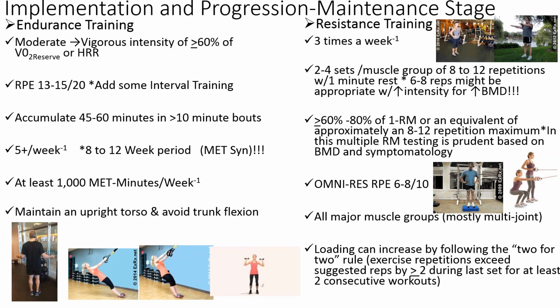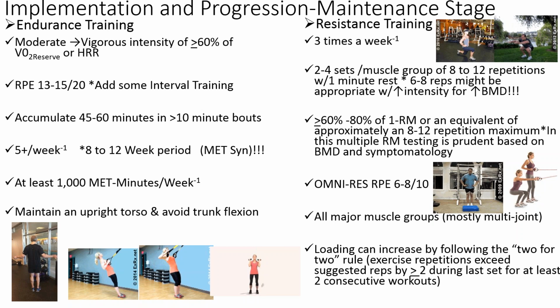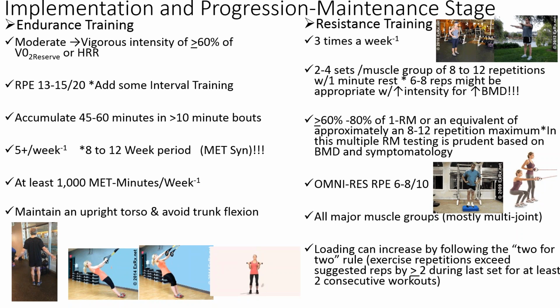This will make Monica's choices of exercises, if she doesn't want to be in the gym, much broader, and she'll be able to find things that fall within her VO2 reserve ranges very easily. And she'll also be able to find some strength building activities, and she'll be able to have some fun with this. It would be good to spread her aerobic training out on as many days a week as possible, both for kilocalorie expenditure purposes and for mitigating some of these cardiometabolic risks that she has here as well.